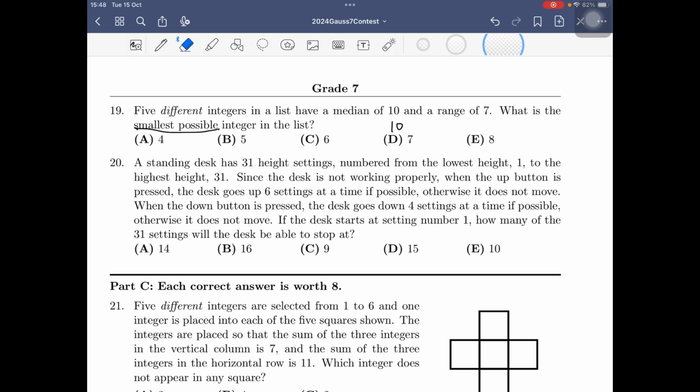If we go further, let's say 13 and 15, then this is 9 and 8. This is not small enough in this case. So let's go 11 and 12 and go down until 5. So the smallest possible integer can be 5.